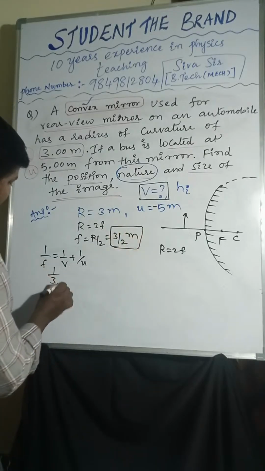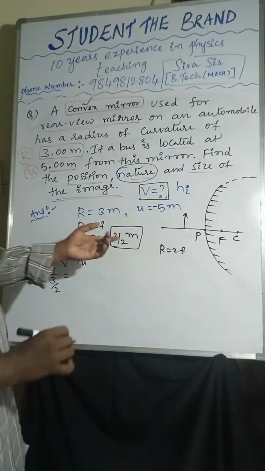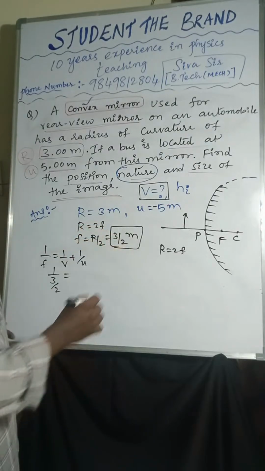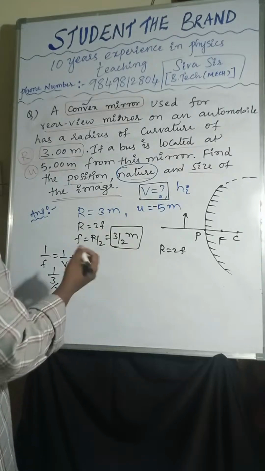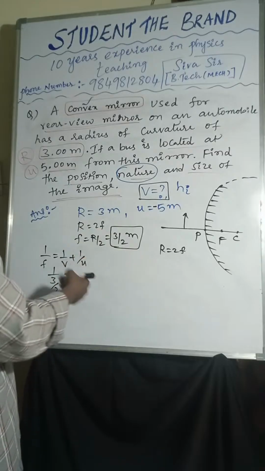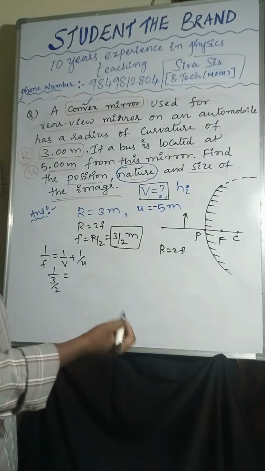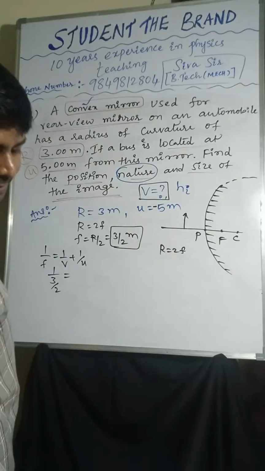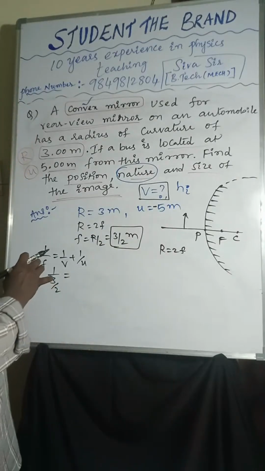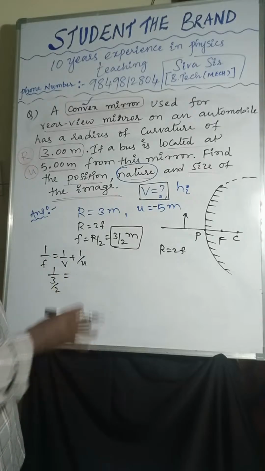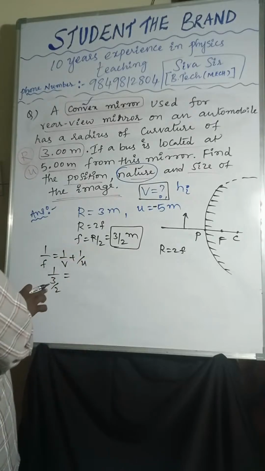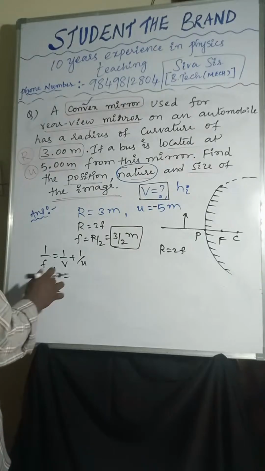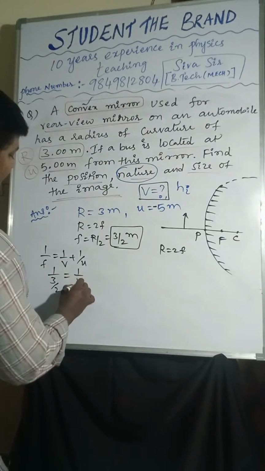I am writing it in that way. We can even convert it to 1.5, since 3 by 2 is nothing but 1.5, but for doing the calculation we would get a little confusion, so you need not change it. Keep it like that. So mention the value: 1 by F equal to 3 by 2, and 1 by V, the V value we need to find out.